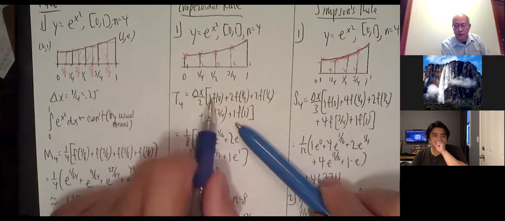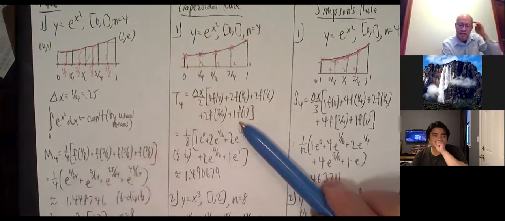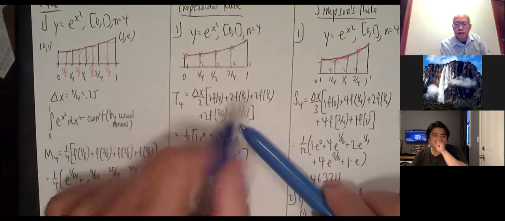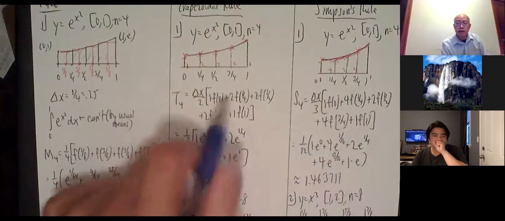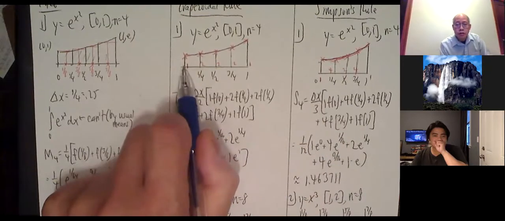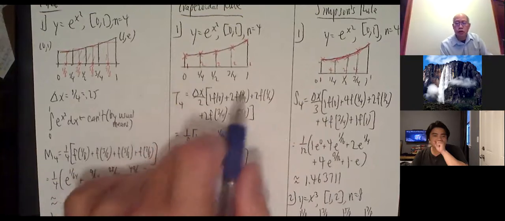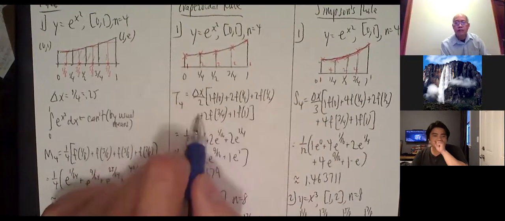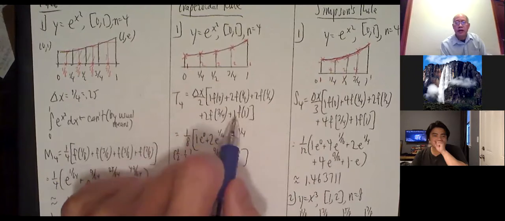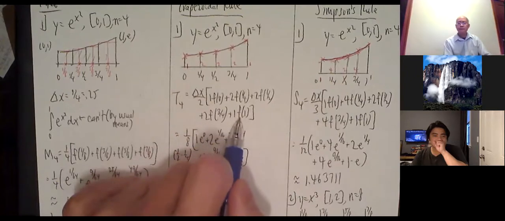You don't really have to put it because when you multiply by 1, it stays the same. And all the in-between ones get multiplied by 2. So 1, 2, 2, 2, 1. So it's 2 times f of 1/4, 2 times f of 1/2, 2 times f of 3/4, and then 1 times f of 1.